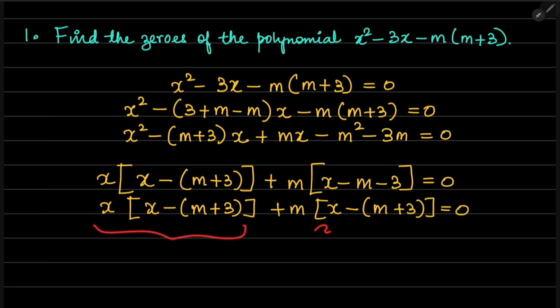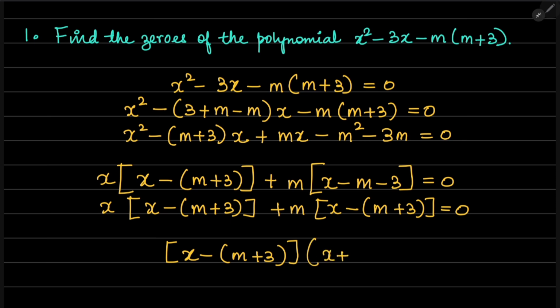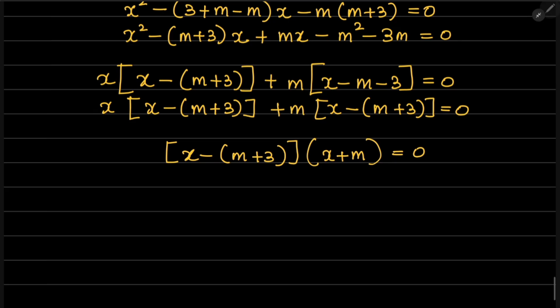Now in these two terms which are separated by a plus sign, what is common? You can see x minus m plus 3. So x minus m plus 3 is common, and the other term is x plus m equal to 0. So now using the zero product property, you will have either x minus m plus 3 is equal to 0, or you will have x plus m equal to 0.